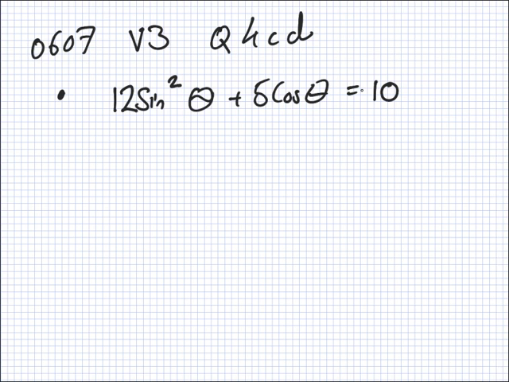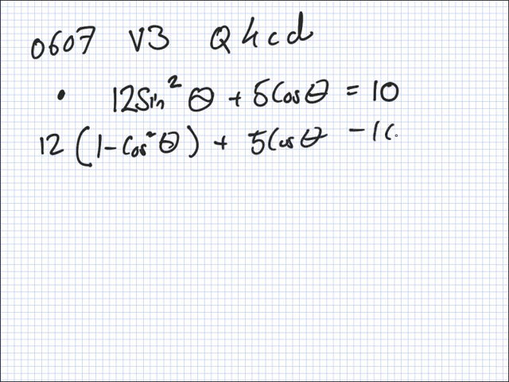I know it looks pretty bad, but any ideas on what to do first here? We did this in class a long time ago. Switch the sine squared to cos squared. So it's 12 times (1 minus cos squared theta) plus 5 cos theta minus 10 equals 0.